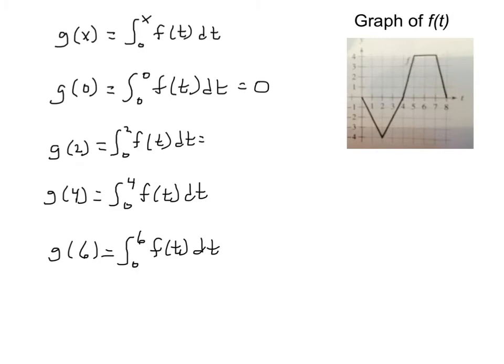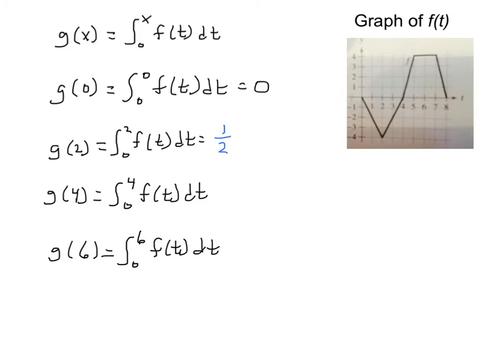The next one I have is g(2). That's the integral from 0 to 2 of f(t) dt. When I look at that graphically, we know we're looking at the area, and because that area is below the x-axis, this should come out to be negative. From 0 to 2, I'm dealing with a triangle, and the area of a triangle is 1/2 the base times the height.